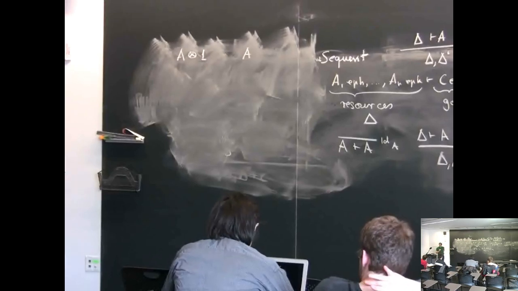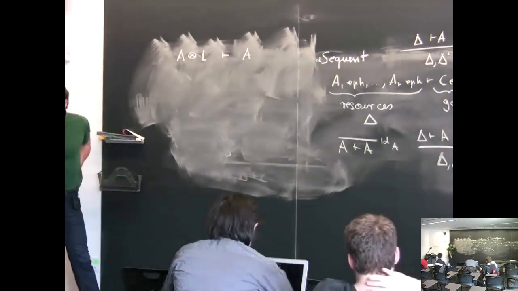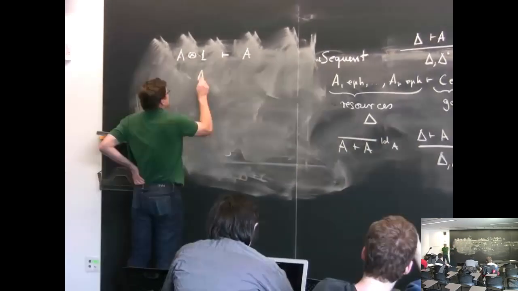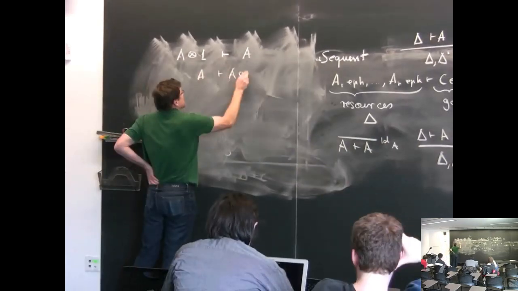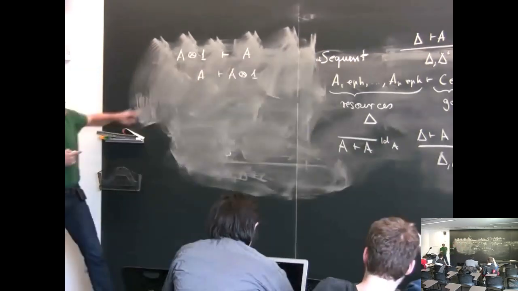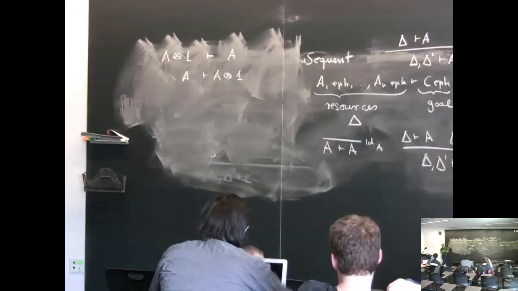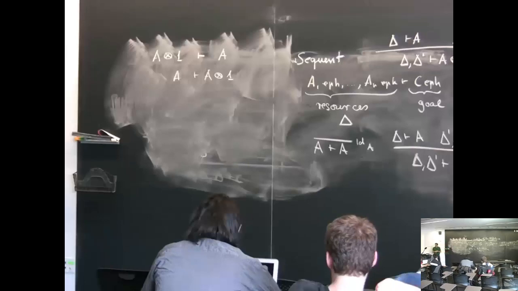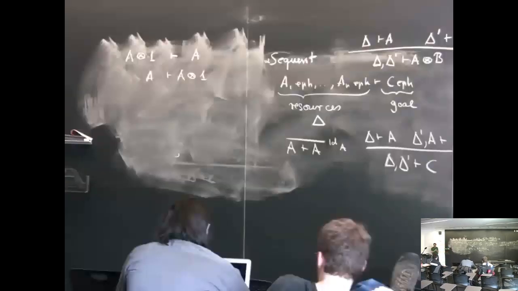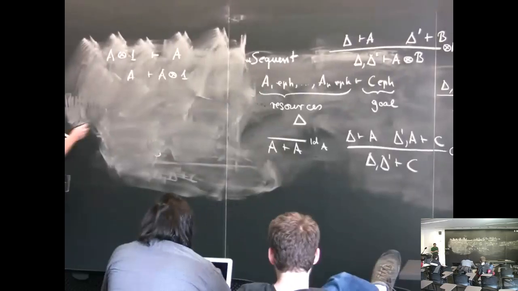Okay, we can do that, but there's a sort of direct way of doing this, which is that we do this, and then we also do the opposite. From A, we can prove A tensor 1, right? And then what Anton suggested is a consequence: wherever we used A, we can use A tensor 1. How? Well, we can stick in the derivation from A to A tensor 1.